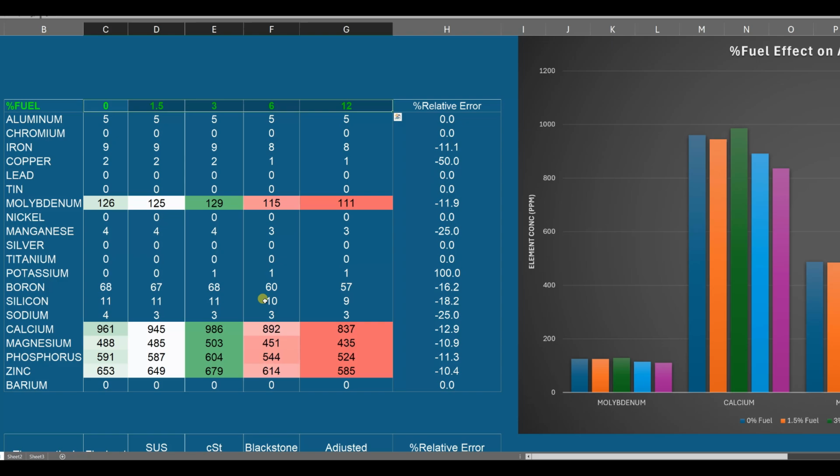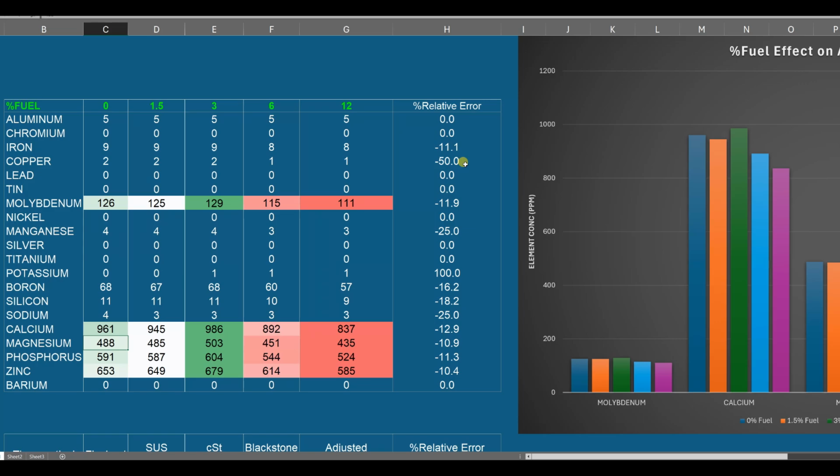That's another reason why I put it over here as well. It just persistently goes down, down, down for every single additive. So to me, this is a clear indication that if you look at all the relative error of everything, except for potassium, that's probably just one going from 1 to 0, just might be an artifact based on the assay, but that is persistent going from 3, 6, and 12. But anyway, everything has a negative bias to it, meaning that it went down.